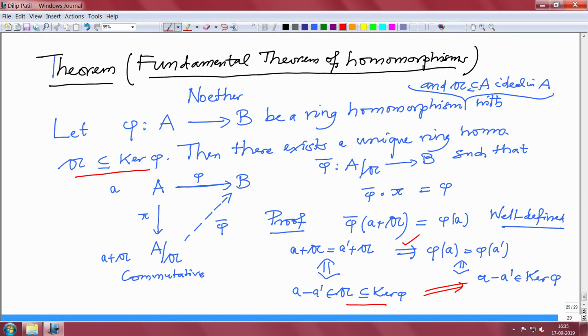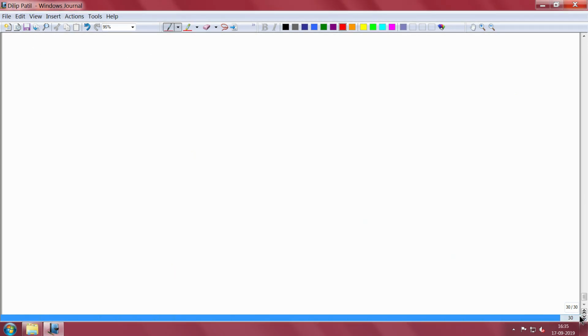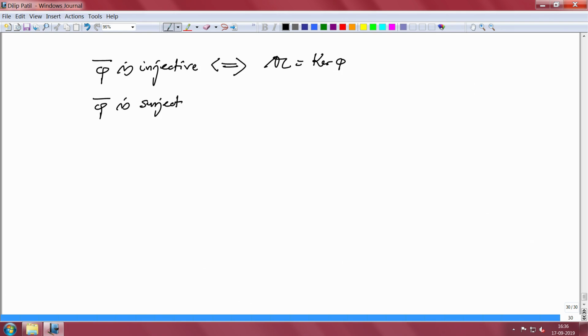So I will just derive one corollary from this. When is this phi bar injective? Phi bar is injective if and only if A is precisely the kernel, and phi bar is surjective if and only if phi is surjective.